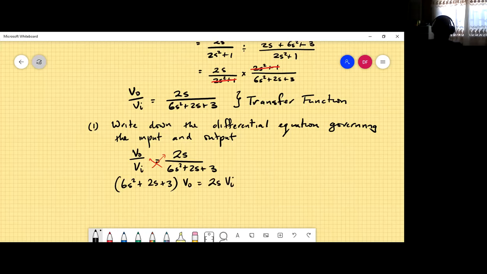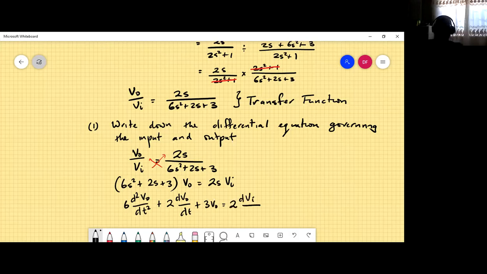Now s squared means take the second derivative, so this is going to be 6 d2 V out dt squared plus s means take the first derivative, so that's 2 dV out dt plus 3 V out is equal to 2 times the first derivative of V in, since s means take the first derivative.